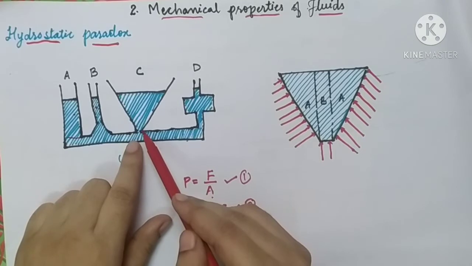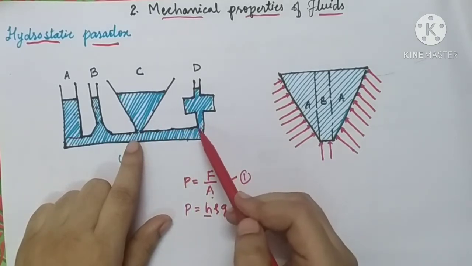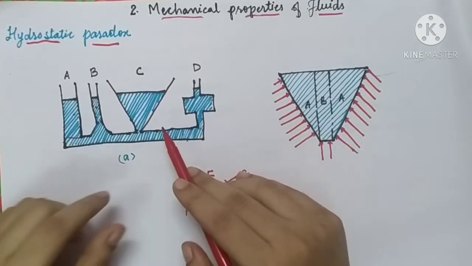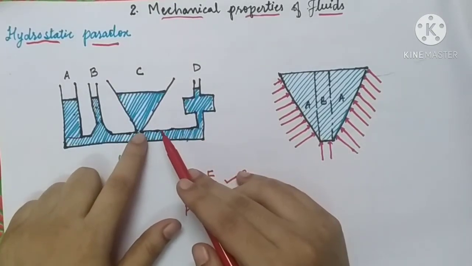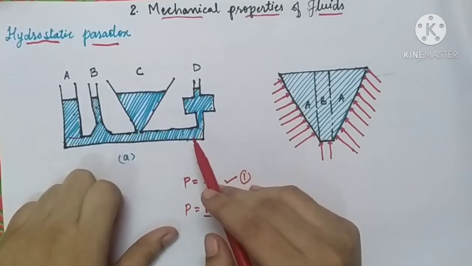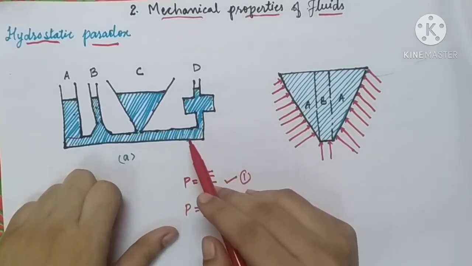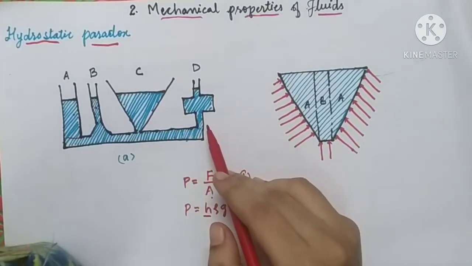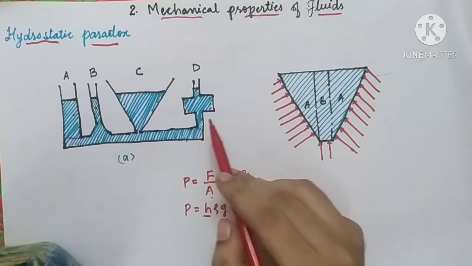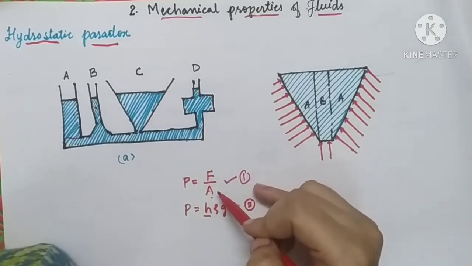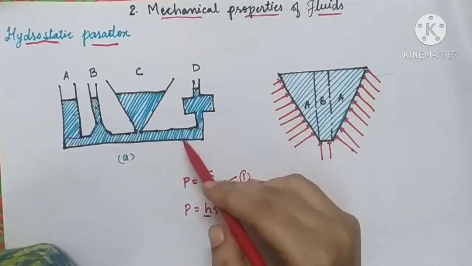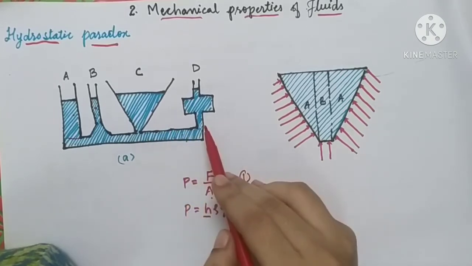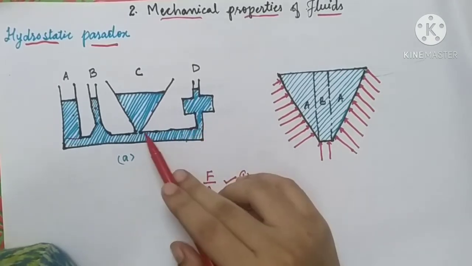As per our equations, the smaller the base area, greater would be the pressure. Sorry, I said it wrongly: the smaller the base area, greater would be the pressure. So smaller the area of C and smaller the area of D, greater would be the pressure at the base.